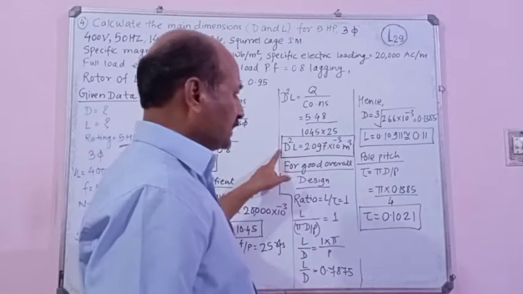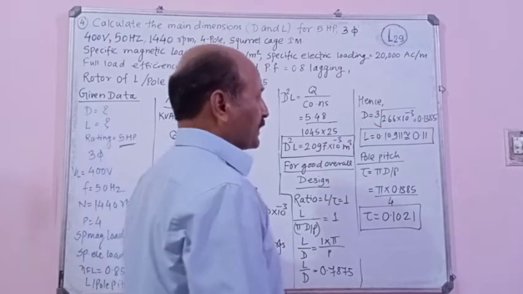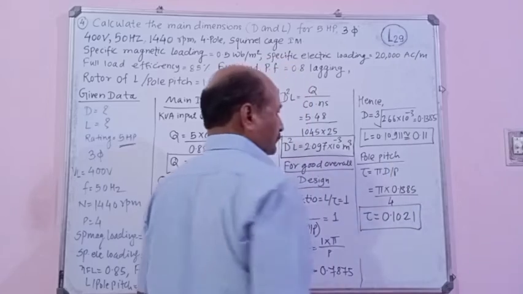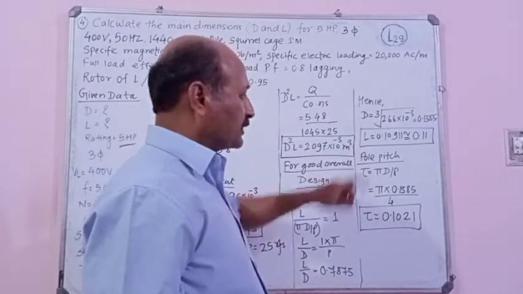Then to calculate d, we have the third root of 2.66 into 10 to the power minus 3 equals 0.1385. Then put the value of d in this equation, you will get the value of L.